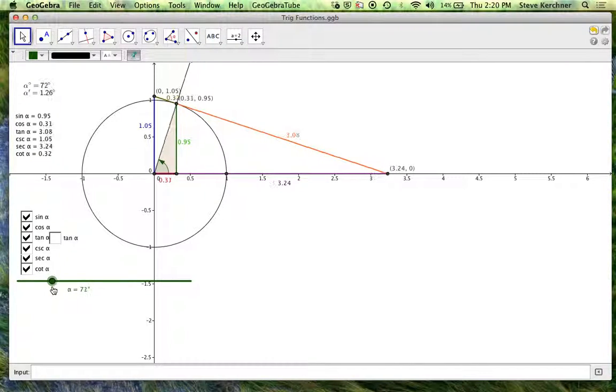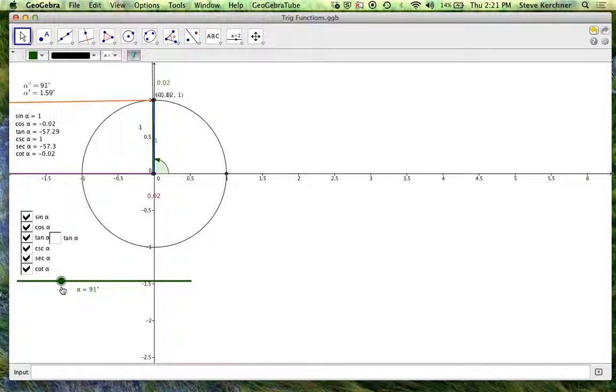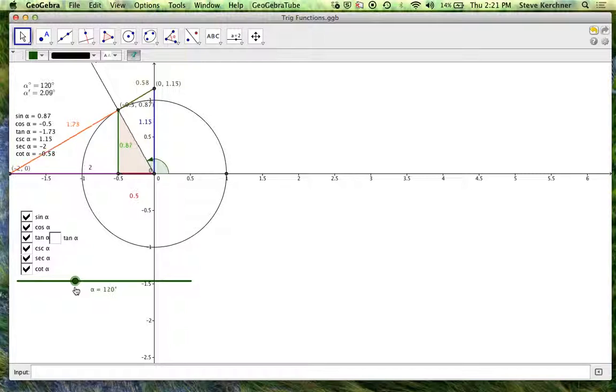It continues to increase. As I pass through 90, I see the value for the secant becoming smaller. As the cosine value becomes larger negative, the secant becomes a smaller negative.